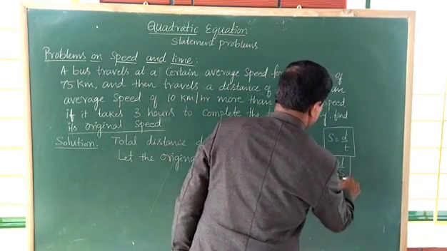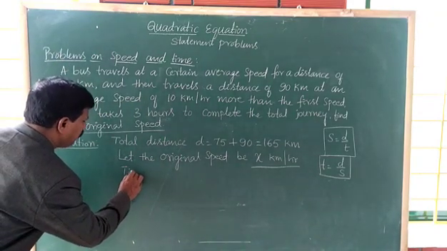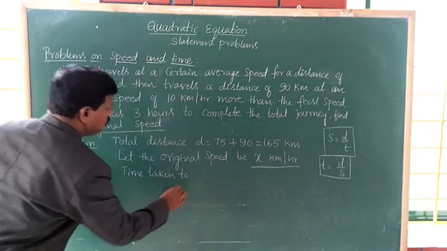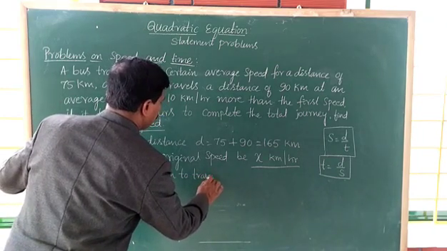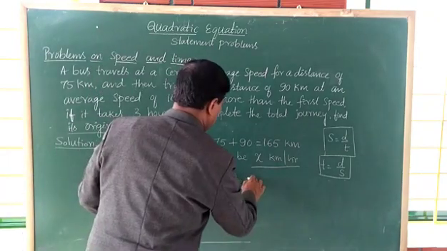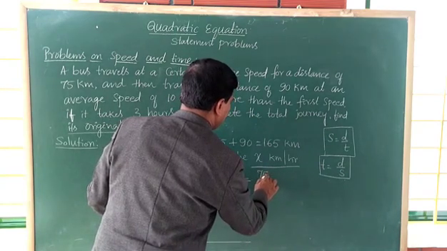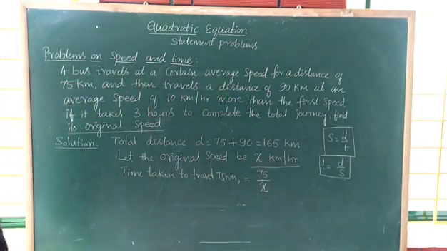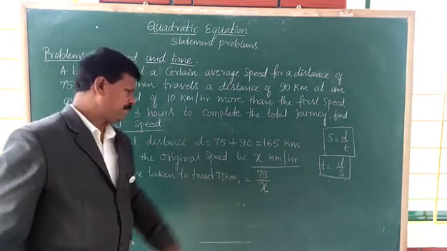So the time taken to travel 75 km is given by 75 by x, where 75 is the distance in kilometers and x is the speed.